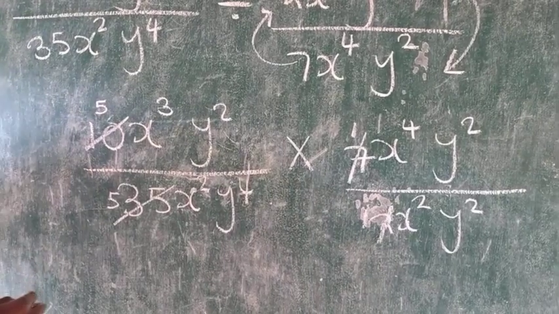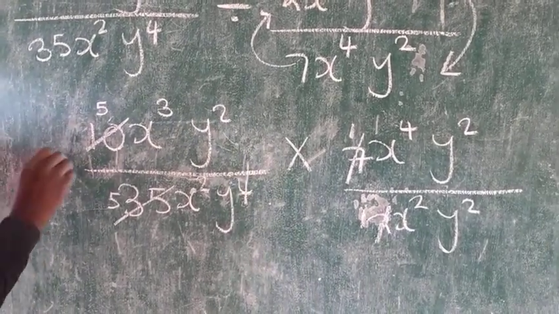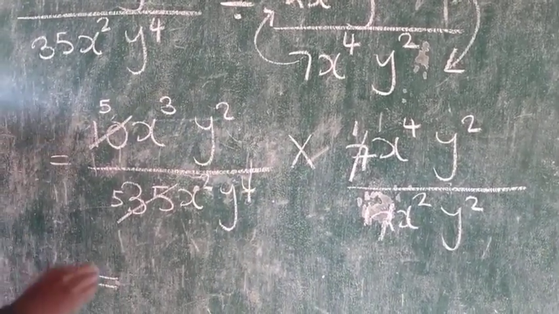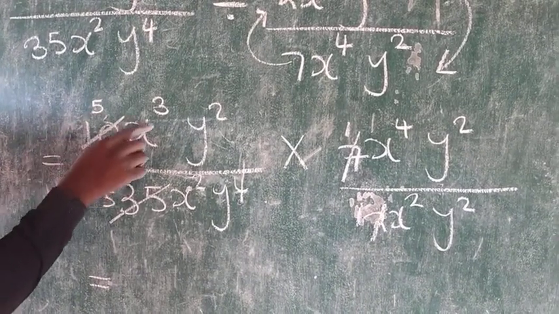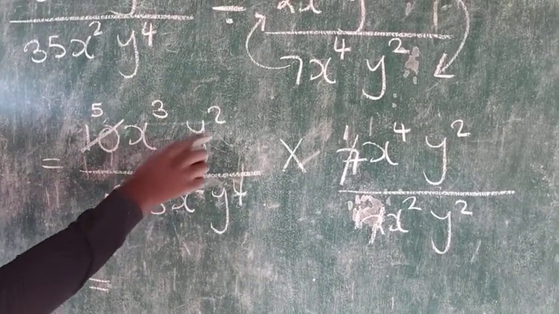So what are we going to remain with? I'll remain with 5x cubed y to the power of 2.